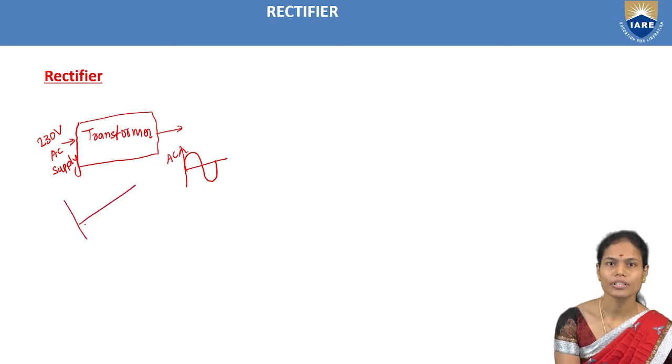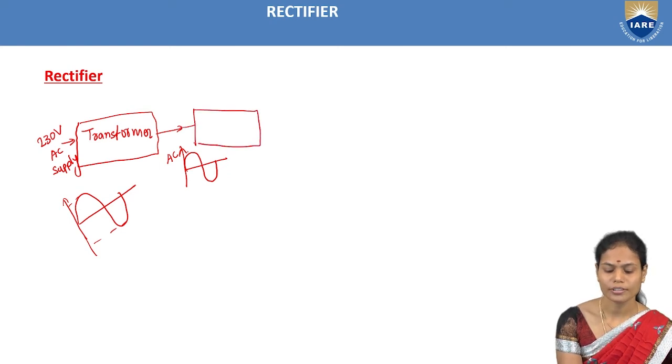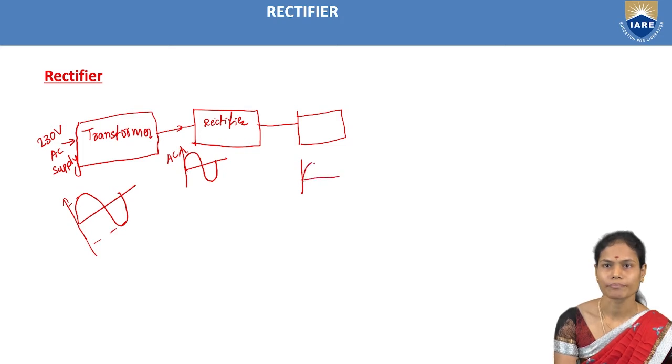For the input of the transformer, we are providing the 230 volts AC. The output of the transformer we give to the rectifier. The rectifier will convert the AC voltage into DC form.